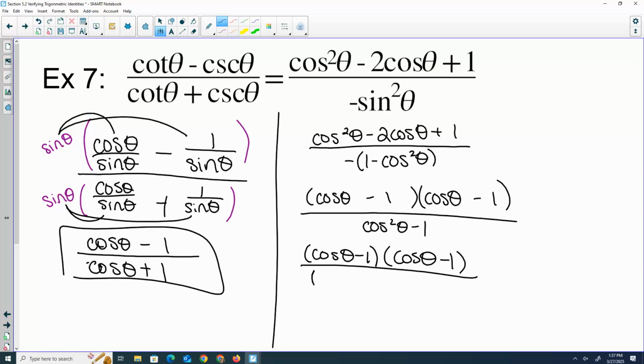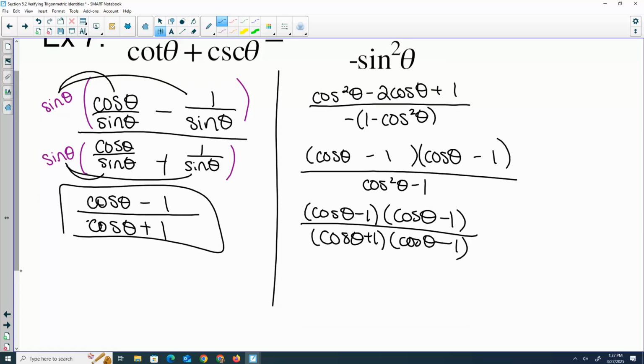So the bottom would factor into cosine theta plus 1 times cosine theta minus 1. And then, since we have the same thing on top and bottom, those cancel. And we work it to the same point.